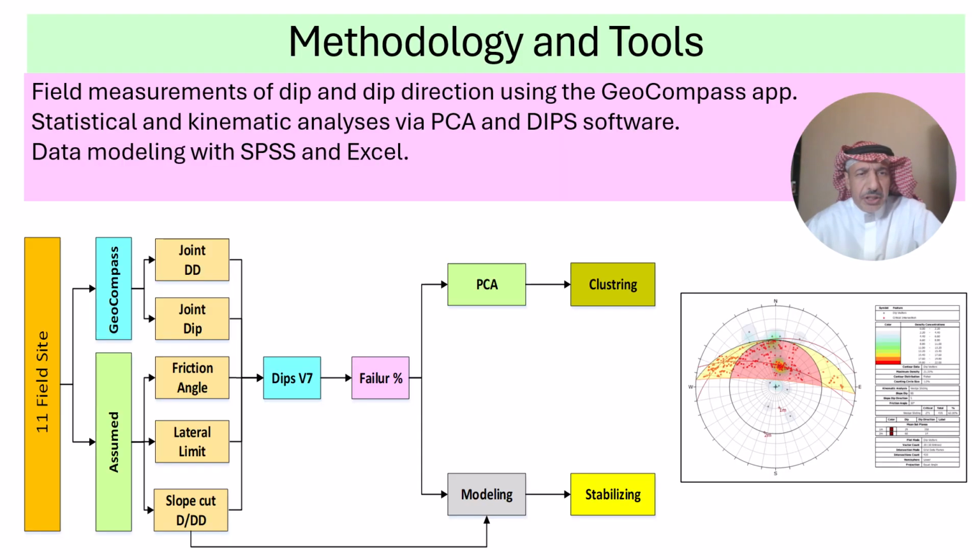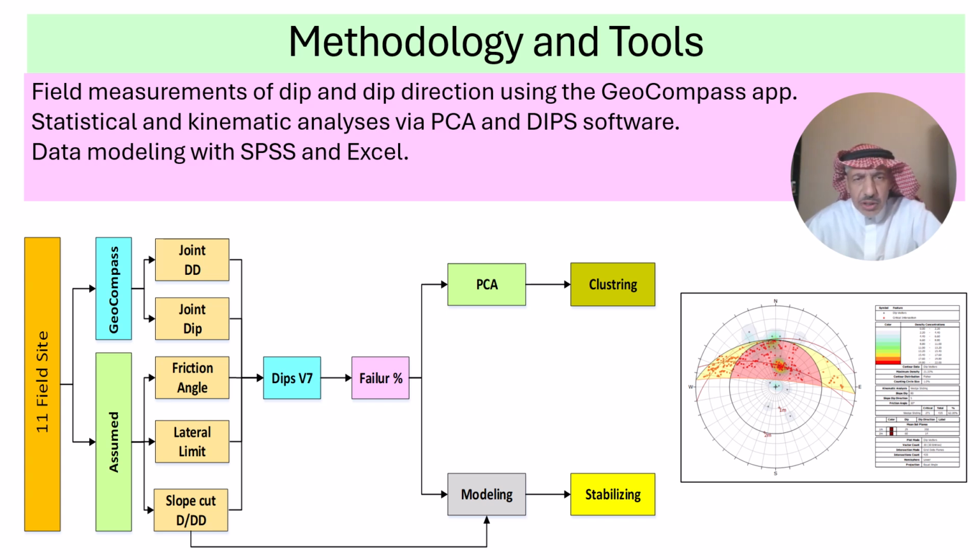GeoCampus, an iPhone application, was used to measure the dip and dip direction of the joints in the field. In addition, an assumed friction angle, lateral limit, and slope cut were used to feed the DIPS software to find the failure percentage at different locations.